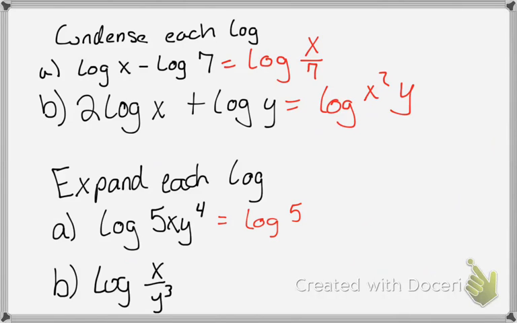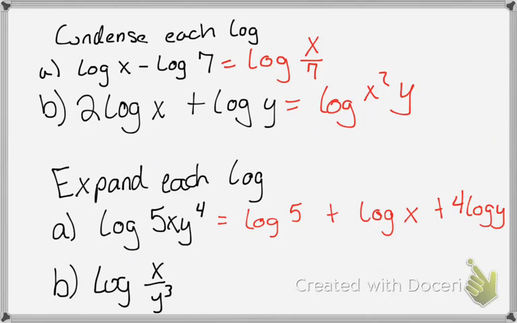My first one, I'm going to have log of 5. Now I know that 5 and x are a product, so I'm going to put plus log of x. Now the last thing I know is I've got y to the 4th power, that's a product with these two, and so I also have plus log of y. But on this one, I have an exponent as well, so that exponent would make this 4 logs of y.